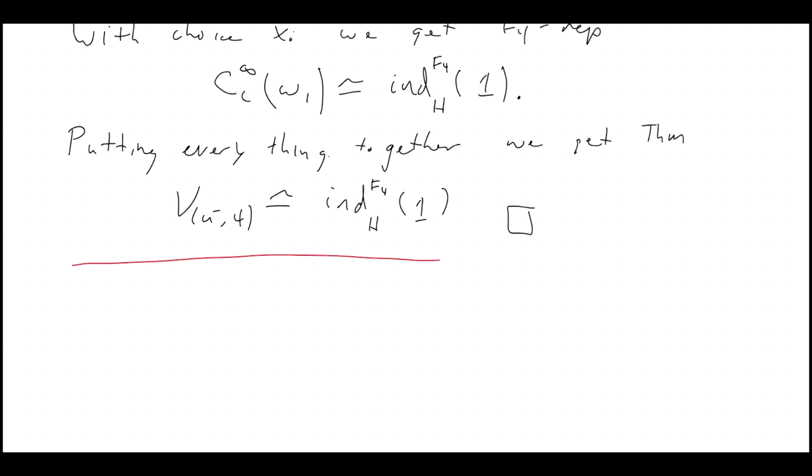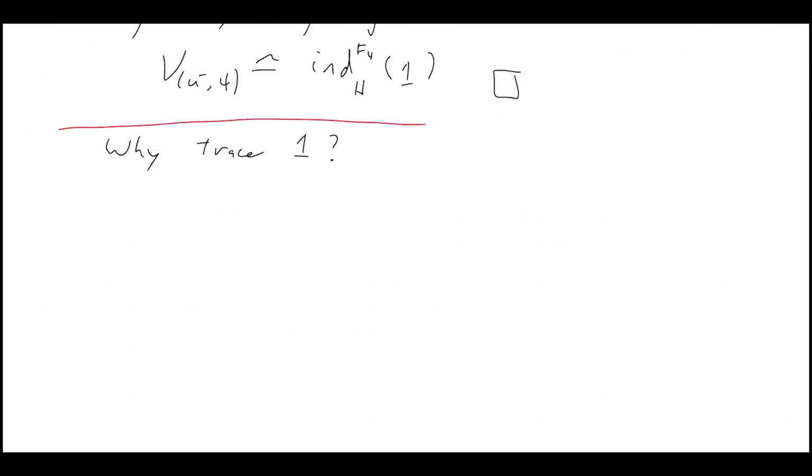Okay. Let's say a few more words about why we're seeing trace 1 elements appear. For this, we need to recall a little bit more closely the action of the parabolic on the minimal representation.